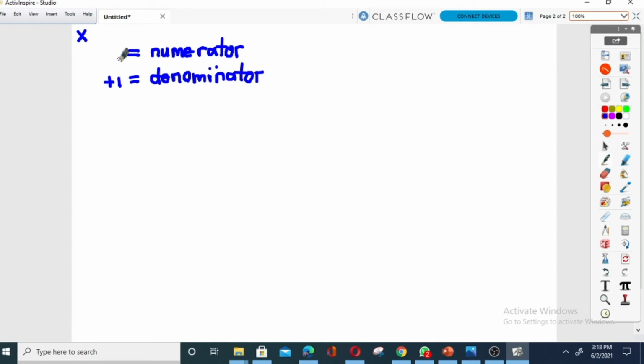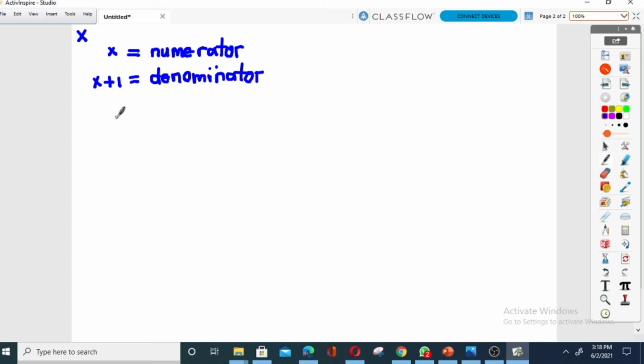So therefore, we'll assign x as the numerator, because based on the problem in sentence number 1, the denominator of a fraction is 1 more than the numerator. So it's very clear, we will assign the numerator as x, and x plus 1 will be the denominator.